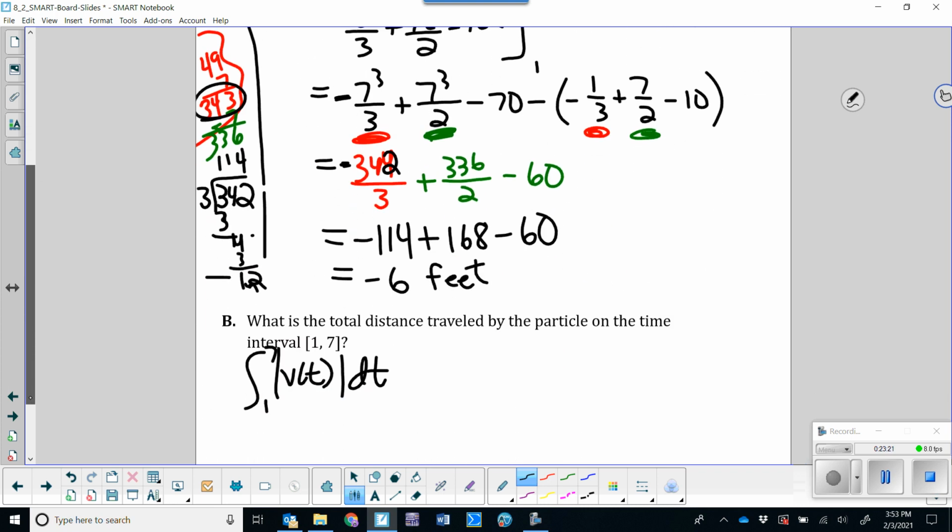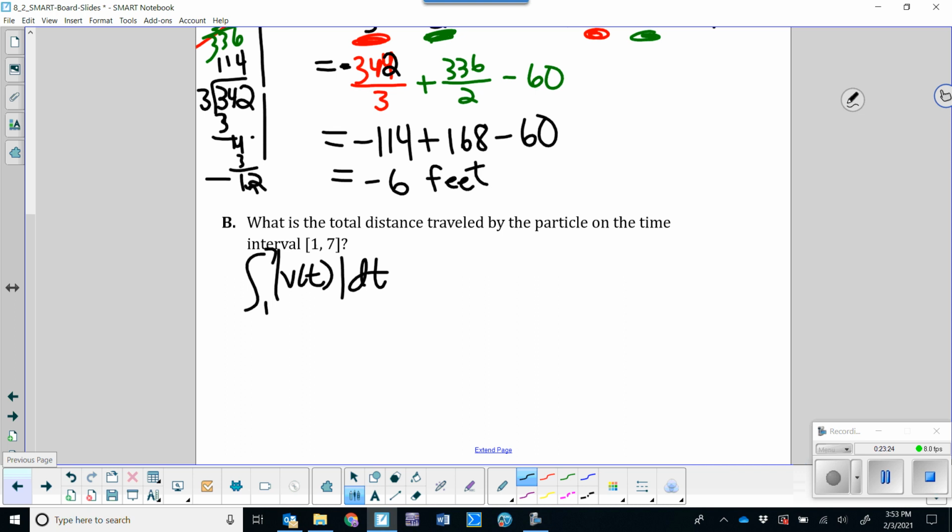So that means if I'm going from 1 to 7, I'm going to have to actually integrate from 1 to 2, plus integrating from 2 to 5, plus integrating from 5 to 7. Now, I just have to figure out whether I need to integrate the function itself or the absolute value of the function in those spots, because that's what makes the difference, doing absolute value.